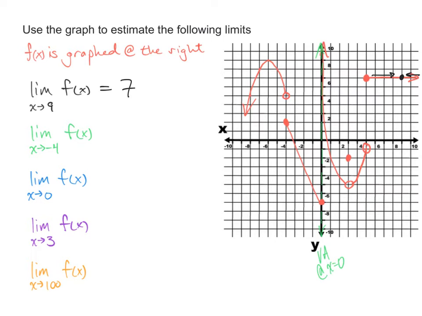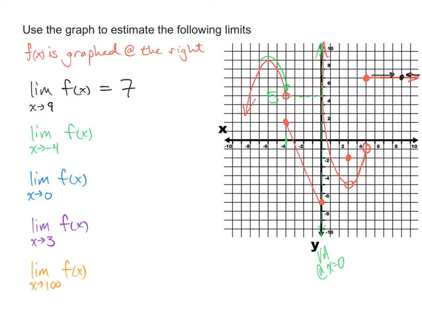So when you take a look at the next example over here, the limit as x approaches negative 4 of f of x, when we approach negative 4, that is right here, when we approach negative 4 along the graph from the left, it looks like the y value this graph is trying to approach is 5.